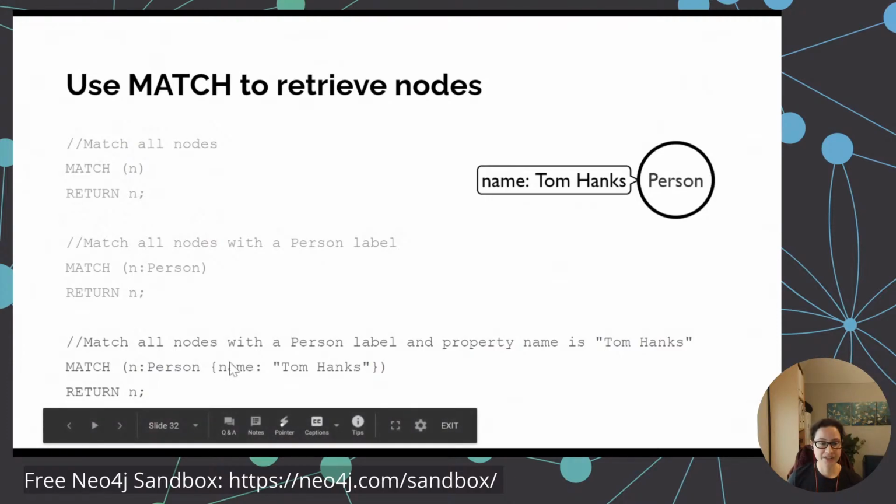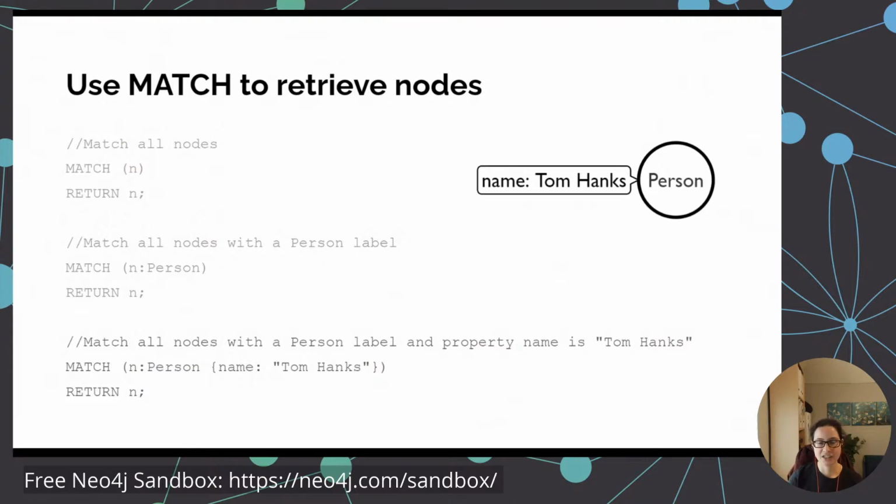So open the curly brace, we've got our key name here of name, colon, Tom Hanks, at which Tom Hanks is a string, return n, and that's going to return all person nodes within our database that have the name of Tom Hanks.